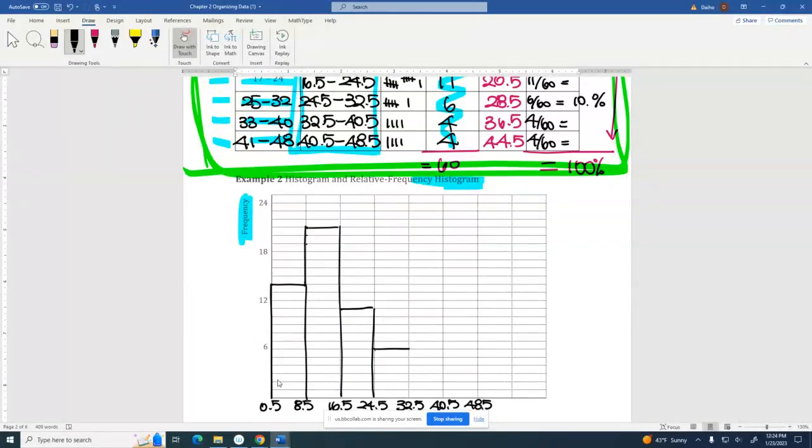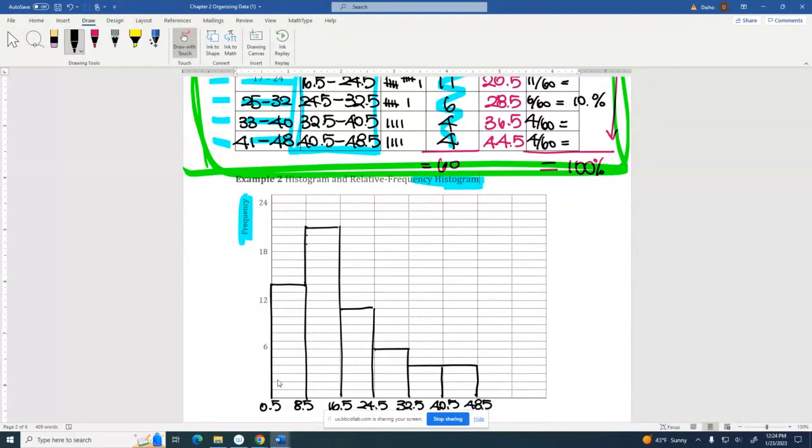And I can see 6 and 4 and 4. Histogram. Where is the most? Between 8.5 and 16.5. Where is the least? Here.